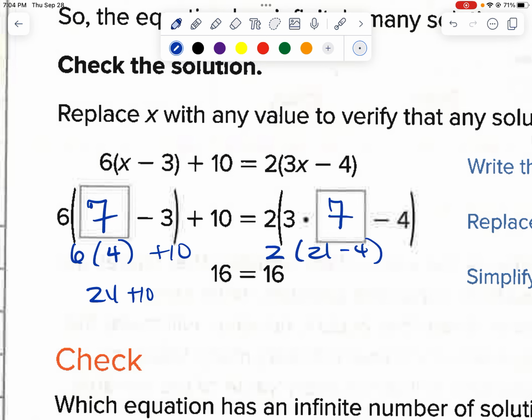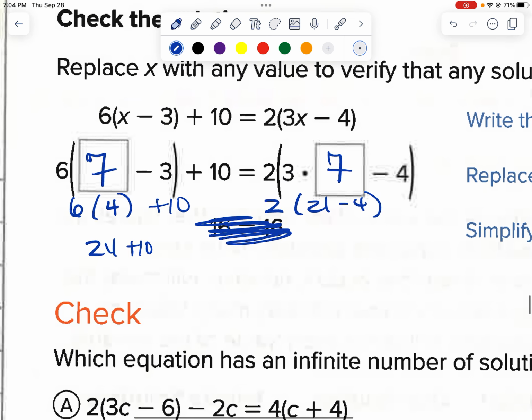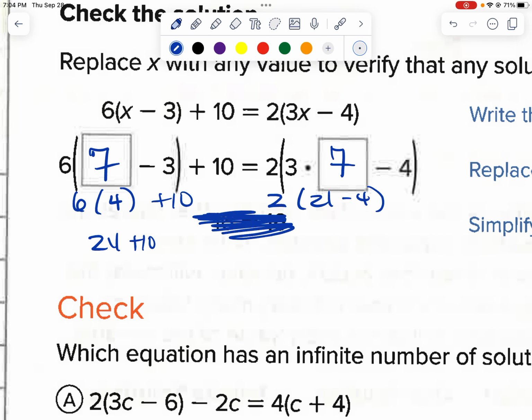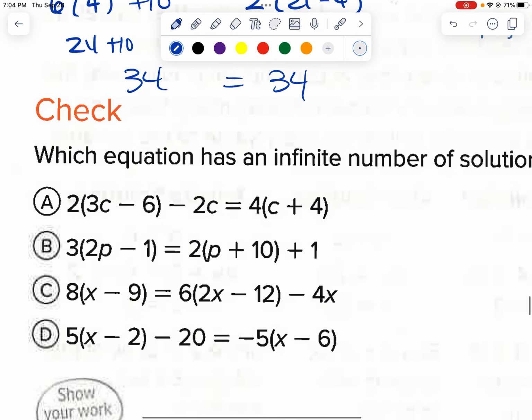Oh, it says replace with 4. I didn't do 4. I did 7. Okay, I get 34 on this side. Over here, I would have gotten 2 times, what is that, 17? Which is, again, 34. So no matter what, it will work.